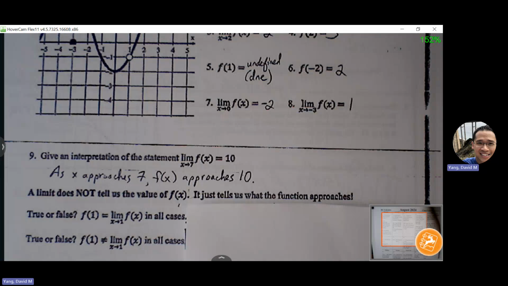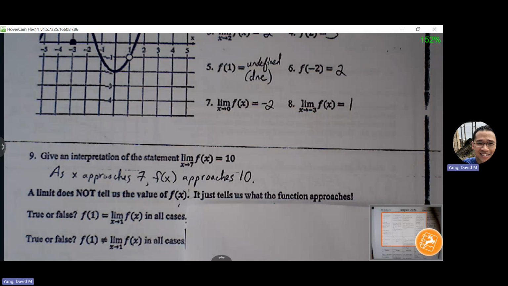Okay, so a limit does not tell us the value of f of x. Sometimes it does, but many times it doesn't. It just tells us what the function is approaching. So true or false? f of 1 equals the limit as x approaches 1 of f of x in all cases. False, right? If the graph is continuous, then your ordered pair and your limit will always be in agreement.